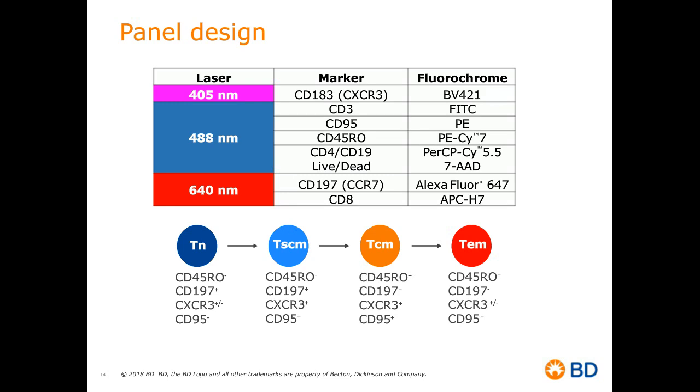This panel was designed for a FACSMelody cell sorter with a 3-laser configuration with a violet, blue, and a red laser. And it contains a specific surface marker that, as depicted in the previous cartoons, have been very well known to describe different subsets of T cells throughout differentiation, as shown in the cartoon below here.